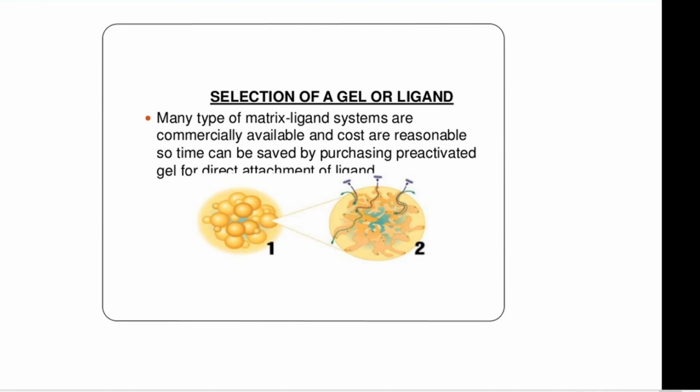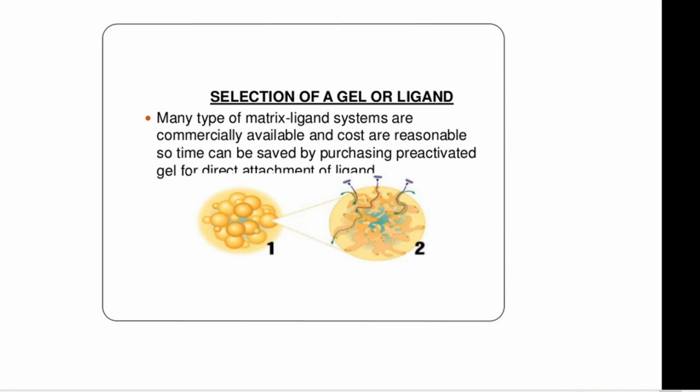The molecule we are going to separate always plays an important role in selecting the matrix and also the ligand. Many types of matrix-ligand systems are commercially available, and the costs are reasonable, so you can buy them.